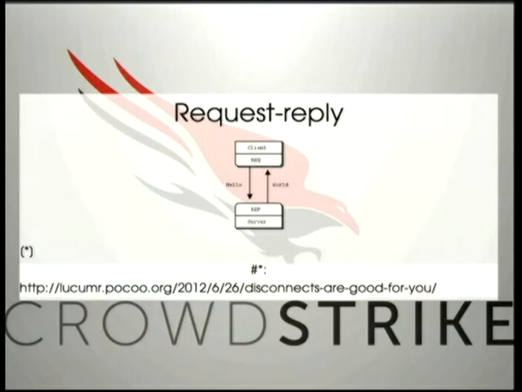The request reply pattern is lockstep, which means that the client will ask for a certain item, and the server will reply to that. The problem with it being a lockstep protocol at the protocol level is that if, for whatever reason, the server goes down and comes back up, the client's going to be out of sync, thinking, I sent this request, I haven't gotten a response, and it will just wait.